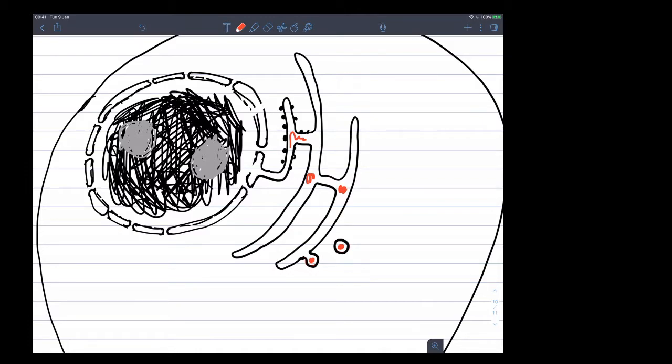Then it will fuse with the Golgi apparatus. So the Golgi apparatus is a series of flattened sacs which are not interconnected. Okay, so that's the description, right? A series of flattened sacs, also called cisternae, but they are not interconnected.